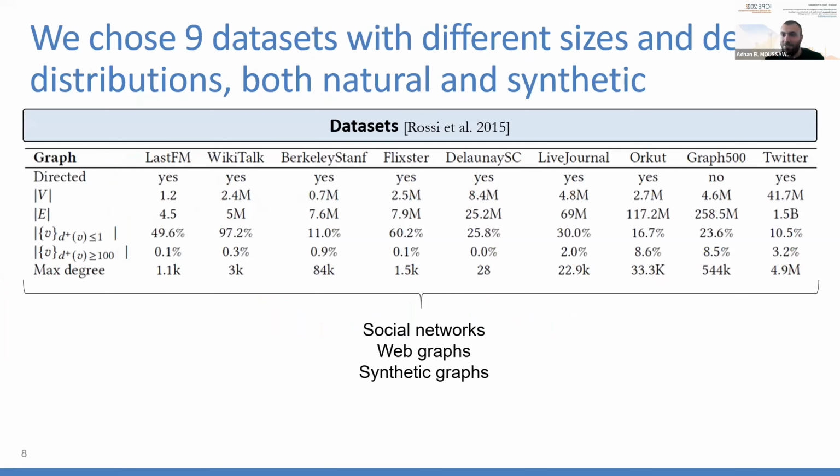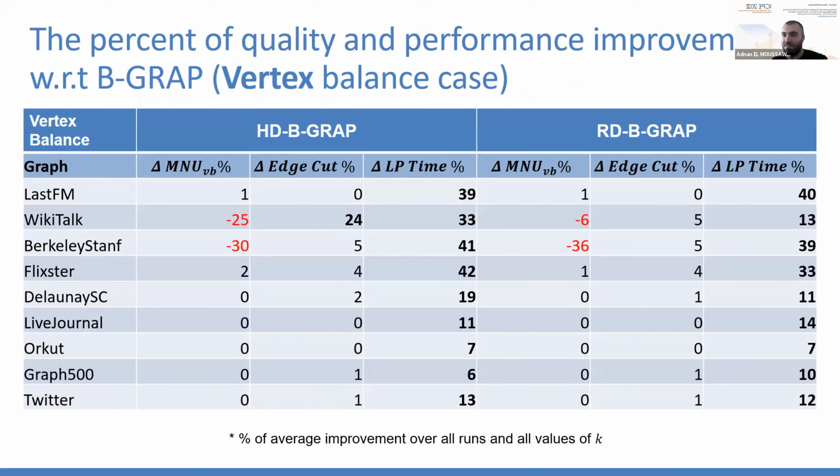I want to show this table that summarizes our results. As you can see, this table presents the percent of gain of performance regarding the quality. The MNU evaluation measure measures the balance between the partitions. The edge cut measures the number of edge cuts between the partitions, and the third one measures the gain of label propagation time.